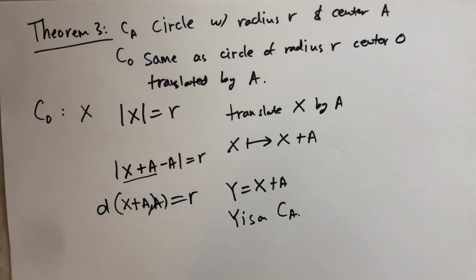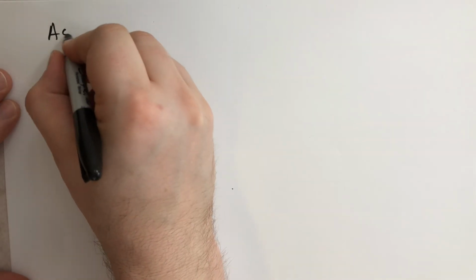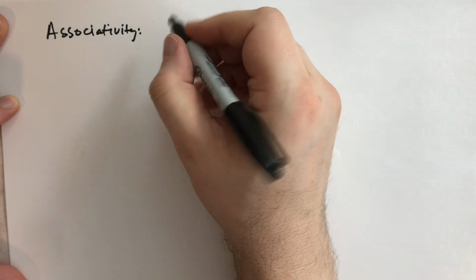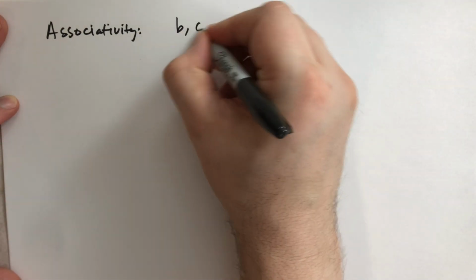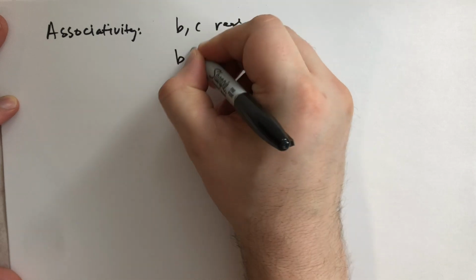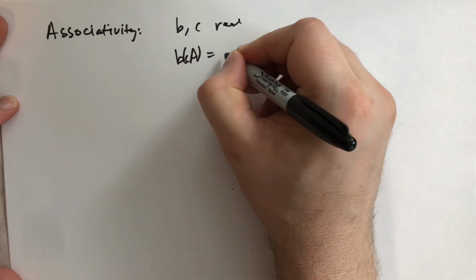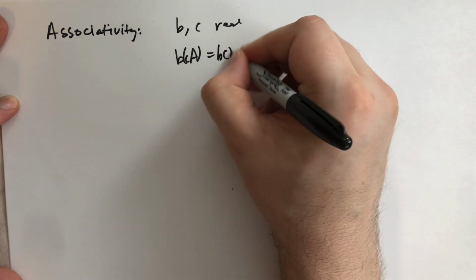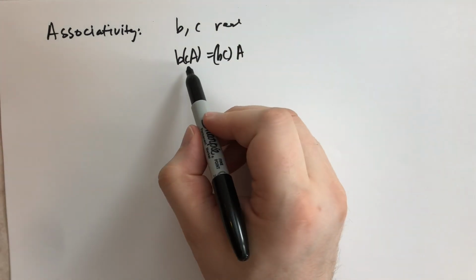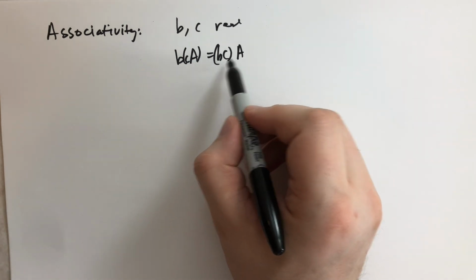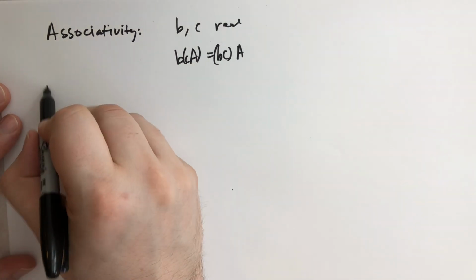All right, let's fill in some more remarks on multiplying by numbers and what that does. So we have associativity. That means that if B and C are real, then B times CA is equal to B times C, and then multiplying it by A. So we can multiply the point A by C and then by B, or we can multiply B and C together and do A. That should be relatively easy to show.